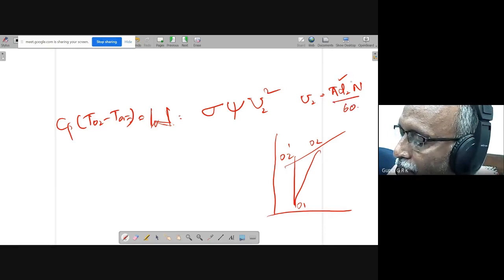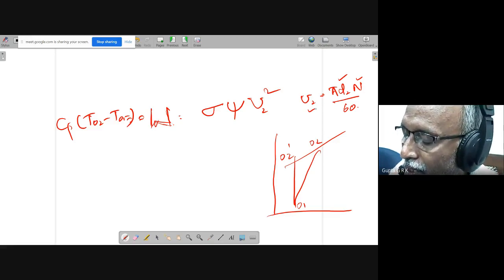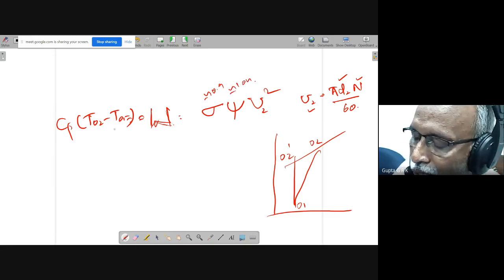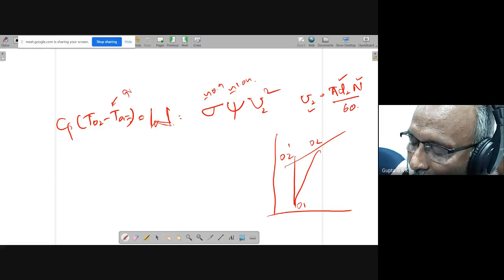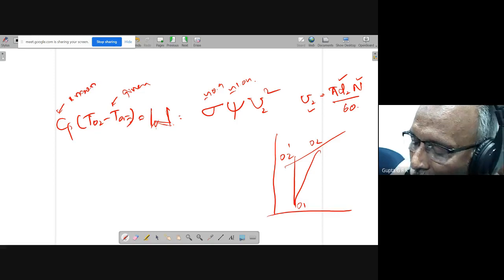D is the diameter of the impeller, N is the RPM. I can find out U2. And the sigma, as I told, is approximately 0.9. If it is given, you use it. Otherwise, you don't use it. This is 1.04. And T01 is given and Cp is known, so you can find out T02.